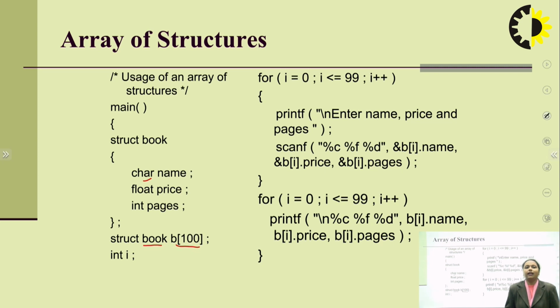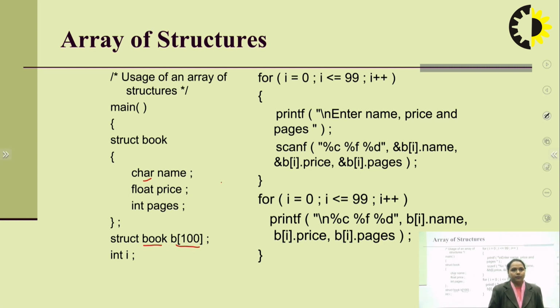The data type of the array is a structure. So how will this store data? This will store data in the form of name, price and pages, because the data type is a structure. If we want to enter the data of 100 books, what will we do? The first choice is to declare 100 structure type variables and store data one by one in each.